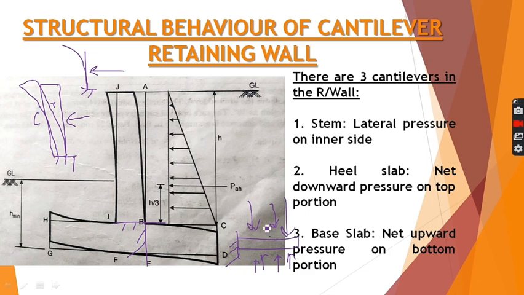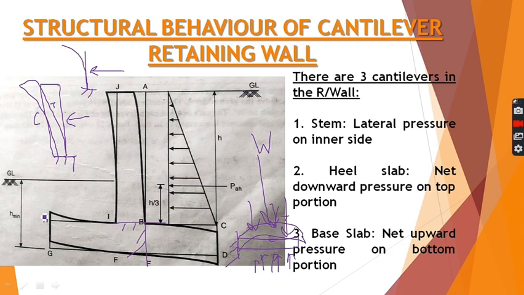The net resultant force must be the subtraction of both these forces. As there is a larger backfill here, the value of this force will be large as compared to the soil pressure from below. So the net load will be downward here. So we have a heel slab with vertical downward load. As we know the cantilever action, this will behave like this. So the tension zone is the upper zone and the compression zone is the lower zone.